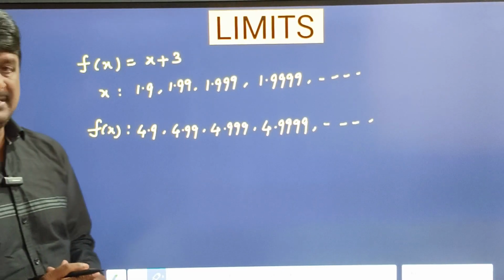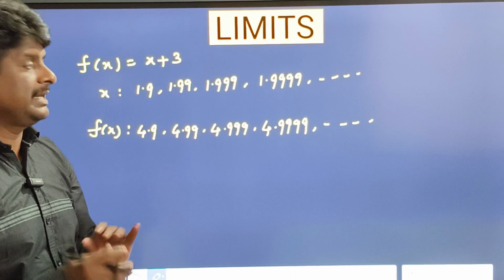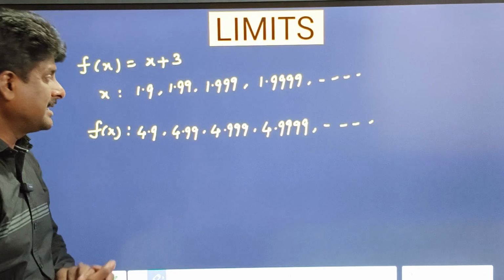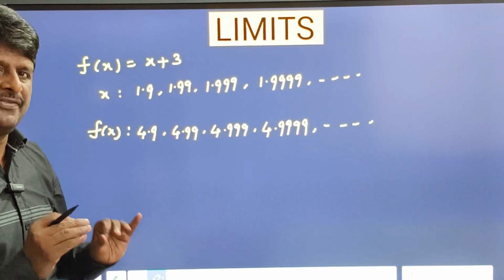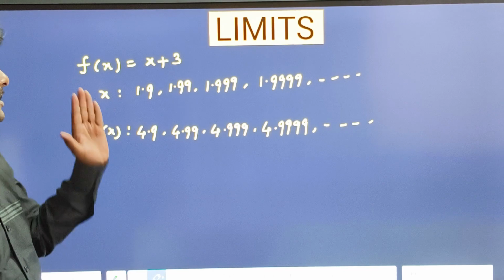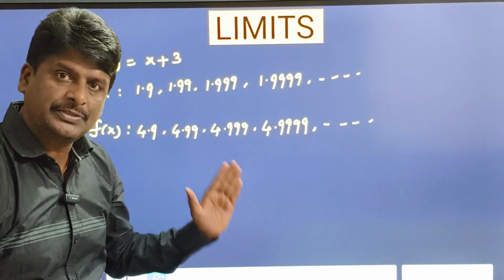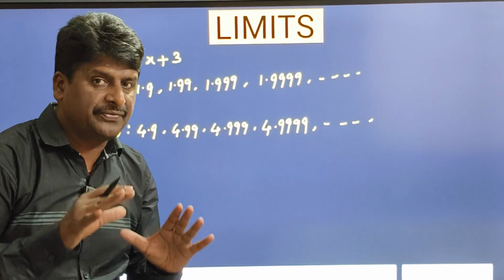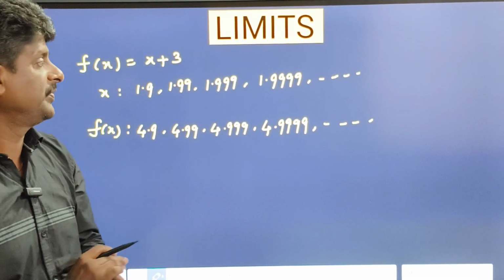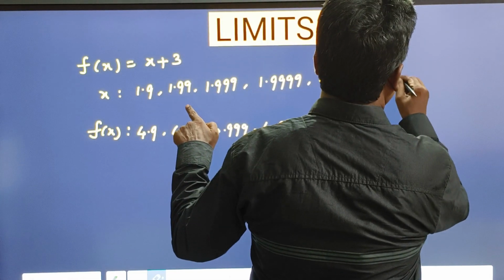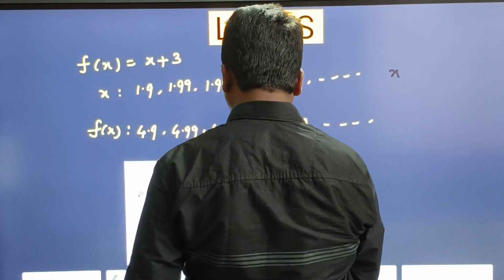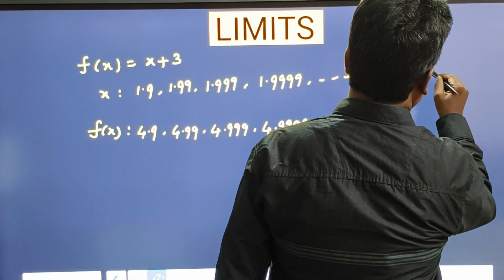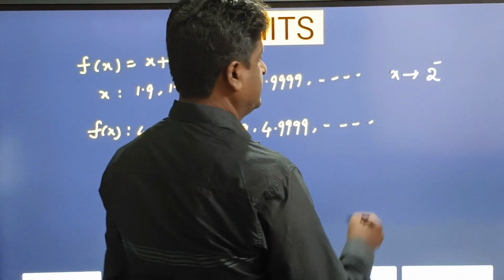Do observe that in the first sequence x value never be equal to 2, and in the second sequence f of x value never be equal to 5. But left to right the values of x are increasing type, and the values of f of x are also increasing type. So this situation is denoted by x tends to 2 minus.